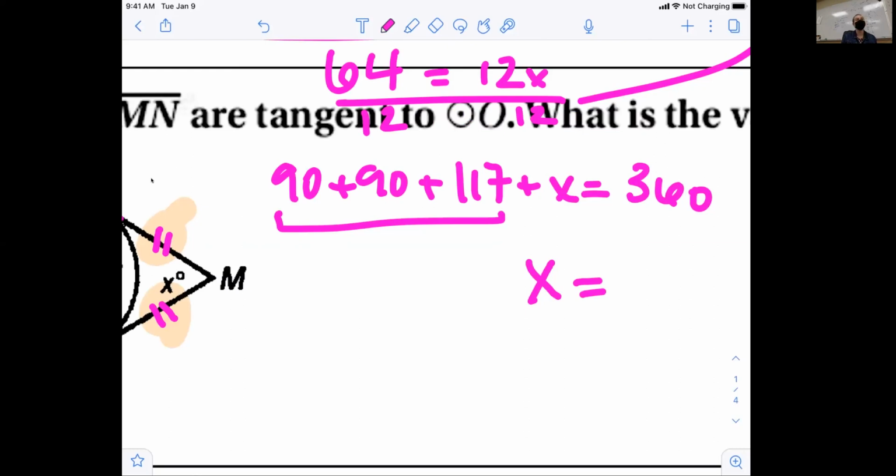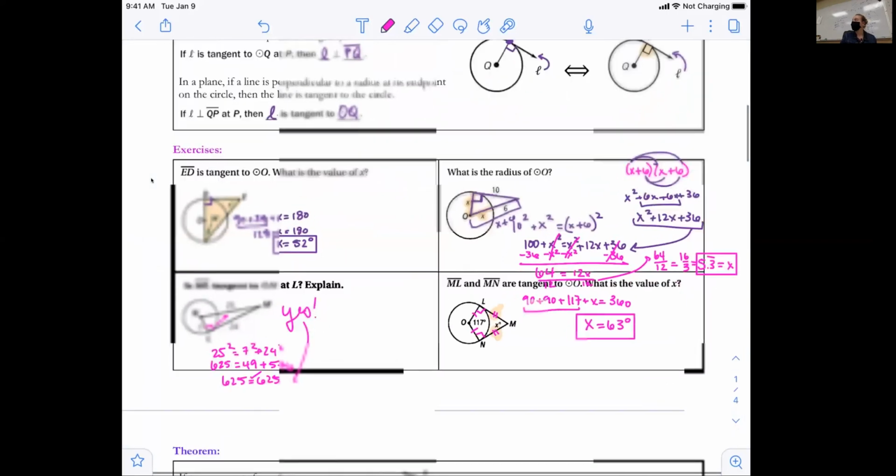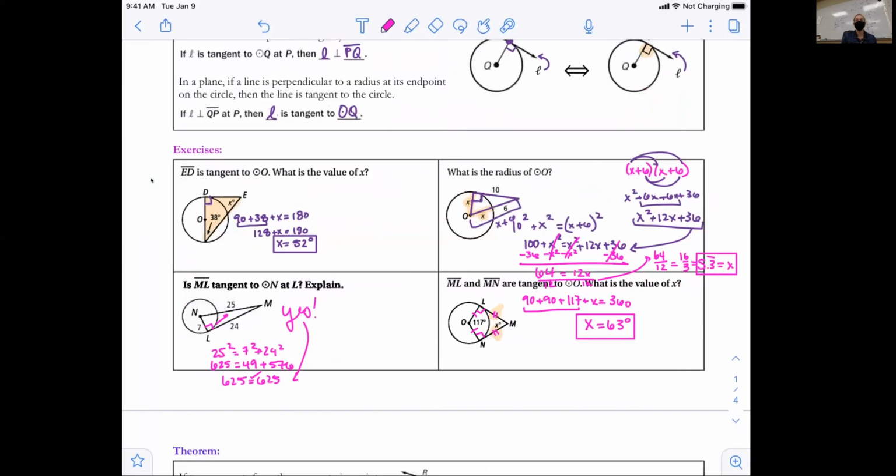What is it? Anyone know? 63. Okay, thank you. 63. Awesome. All right, that's page 1. Way to go, guys. We're going to keep going. Ready to move on? Flip it over.